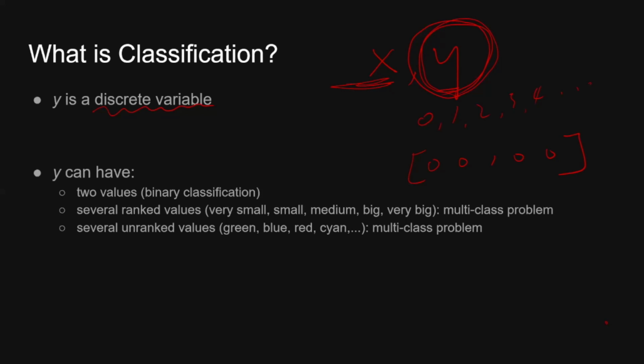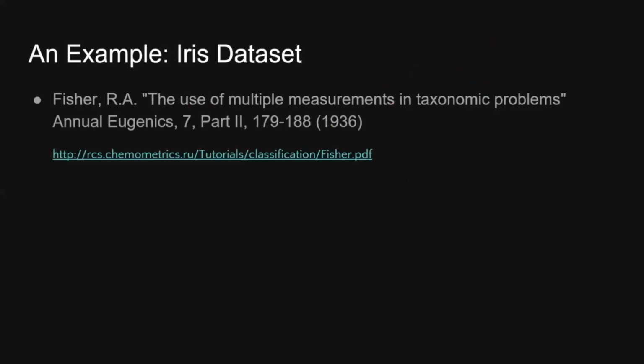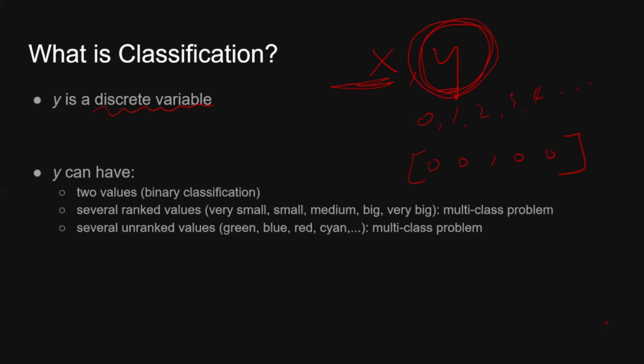So that's the notational convention for classification problem. And then at the end of the day, what we'll be doing is essentially the same. We're going to find a function f that can predict the label variable y, the class variable y. This function f can have a form of linear equation.